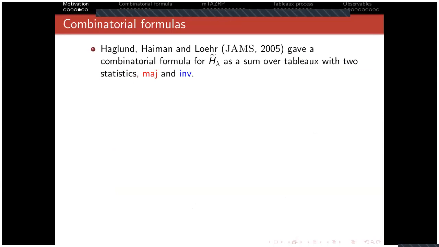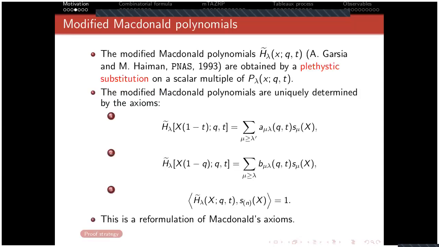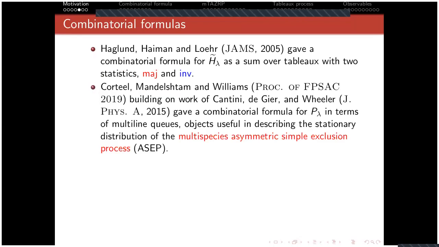So there's a lot of literature on these, but let me just go through the things relevant for us. In 2005, in a very influential paper, Haglund, Haiman and Loehr gave a very nice combinatorial formula for these modified Macdonald polynomials. They summed over certain tableaux, and they had two statistics corresponding to the two variables Q and T independently.